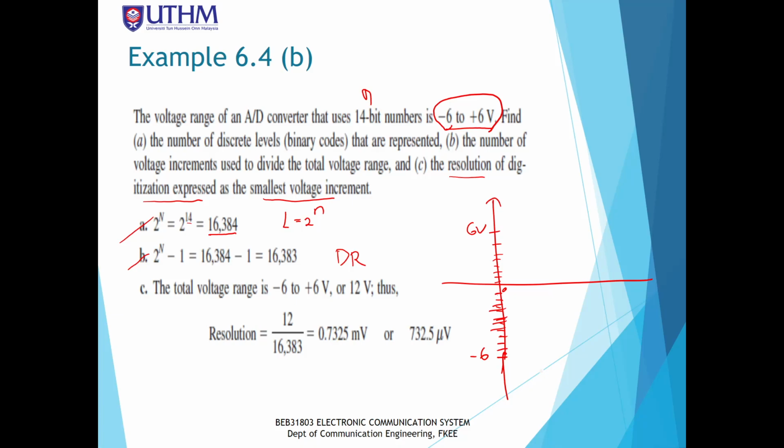So it is equal to the total level minus the 0 volt. So the number of voltage increments that we need is 16,383, one value less than the total number of levels. This is also known as the dynamic range. You will learn later about the dynamic range.